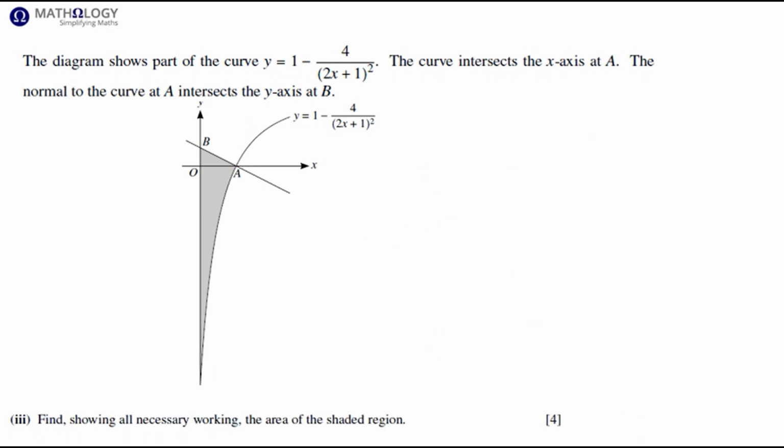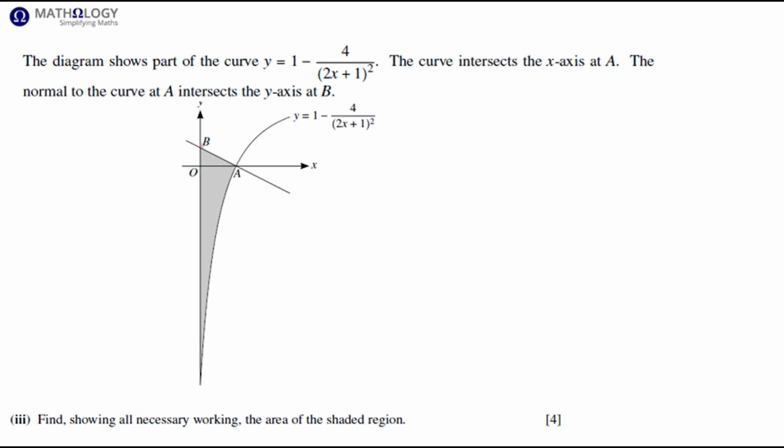Finally, to find the area of the shaded region, because part of the line AB lies above the x-axis and part of it lies beneath the x-axis, we can't just subtract the one curve from the other, right? So we're going to break this shaded region into two separate regions.